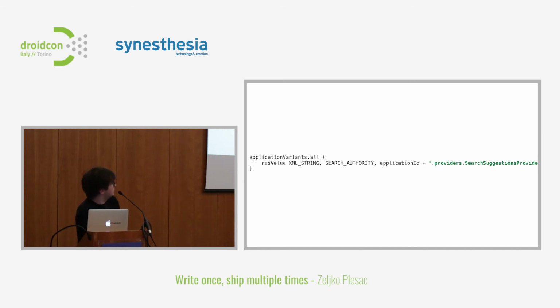So basically, in Gradle file, we can say that you add me string called search authority, which will be a combination of application ID and some constant value. And application ID actually changes between apps. So in Gradle file, you can easily define different values for applications just by defining that you want to add some resource string.